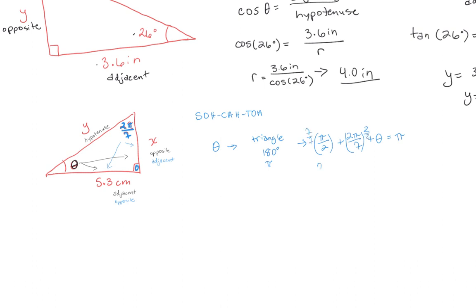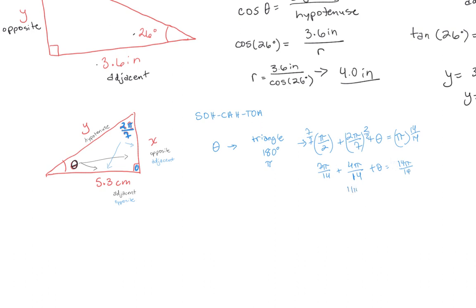So that's 7 pi over 14 plus 4 pi over 14 plus theta, equal to pi, which is 14 pi over 14.